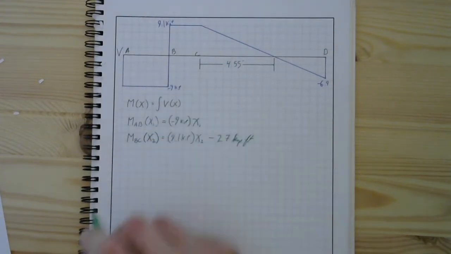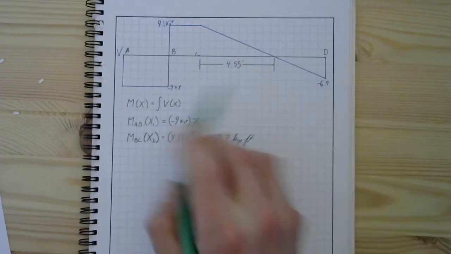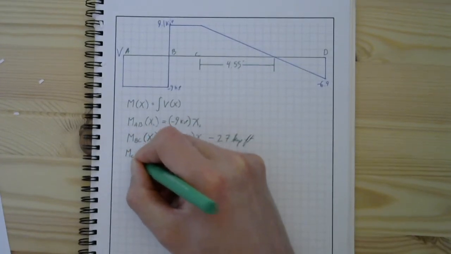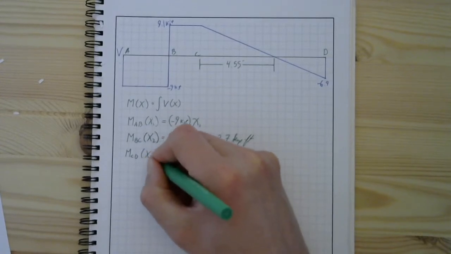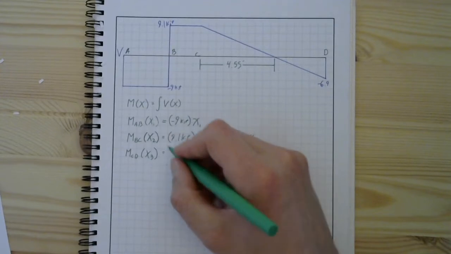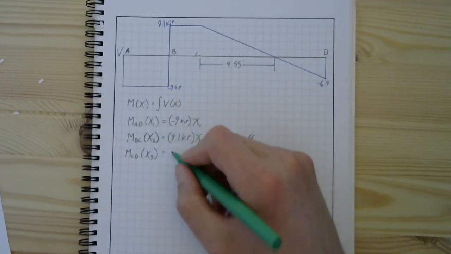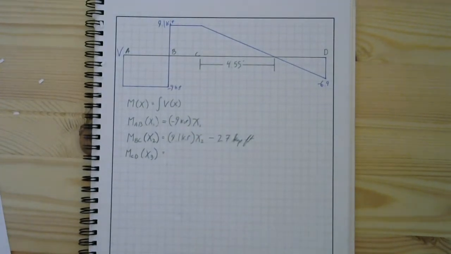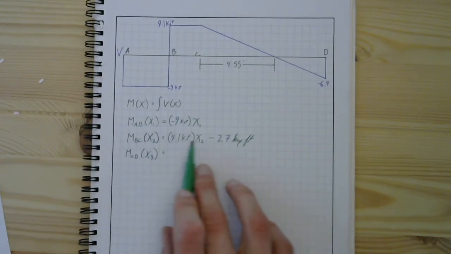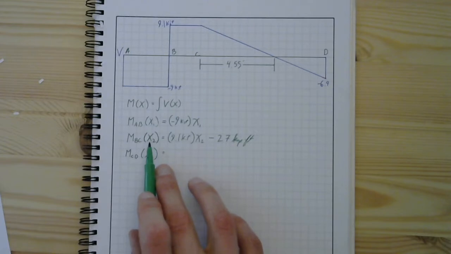And then finally, for C to D, we're going to have to explicitly do that, and we're going to have to consider the moment induced by the moment from A to B if we plug in 2 to this.